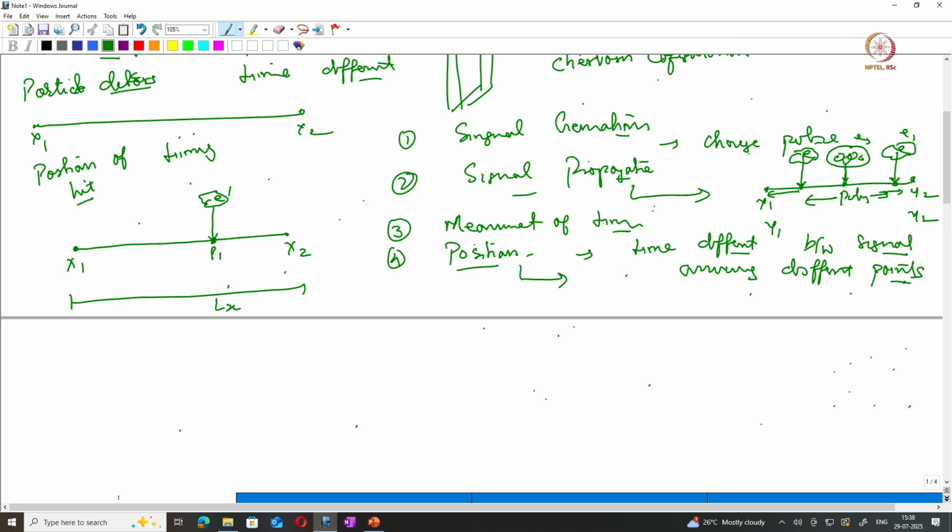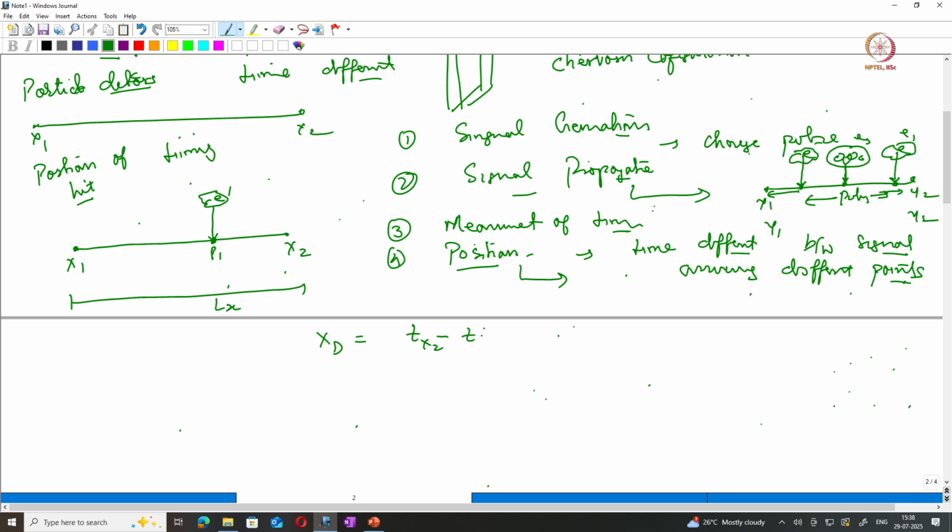calculated by the formula of xd. xd is equal to (Tx2 minus Tx1) divided by 2Tx, times Lx. Here Tx2 is the time to reach the end point x2.